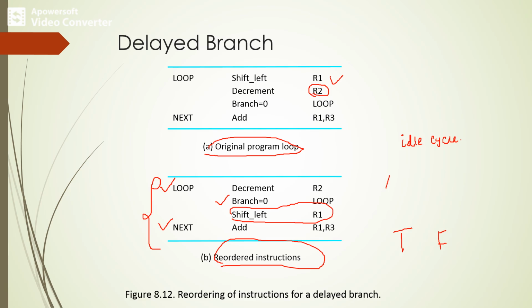That is, the branching takes place one instruction later than where the branch instruction appears in the instruction sequence in memory. Hence the name delayed branch.